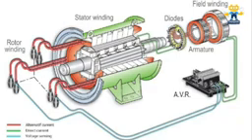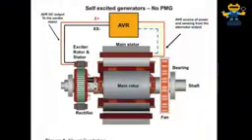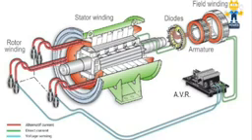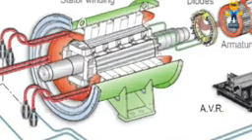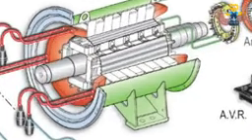Now with the help of this picture and this picture, we will understand how our self-excited alternator produces electricity with the help of the diesel engine. The diesel engine is coupled with the main rotor.